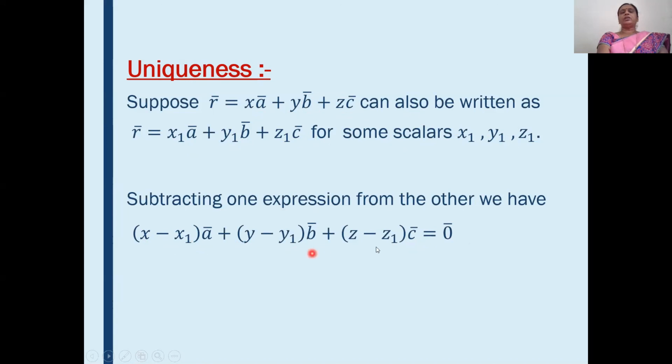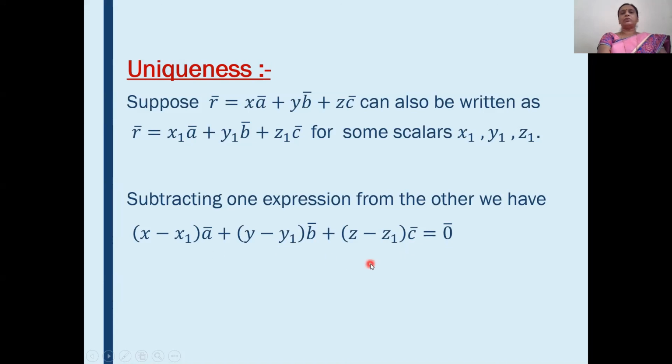This equation shows that these three vectors A bar, B bar, C bar can be written as a linear combination of each other.